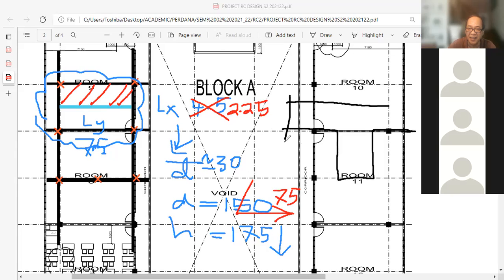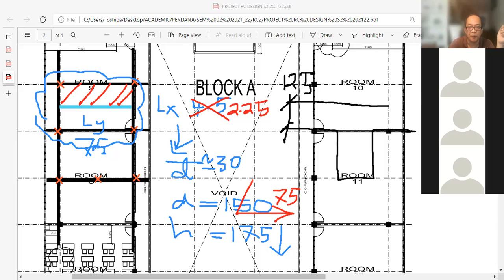The slab here can now be reduced to 125 mm only. 125 mm thickness of the slab. So this is how you can explore, in terms of sizing. If a secondary beam is inserted, the slab's LX becomes smaller, 2.25.